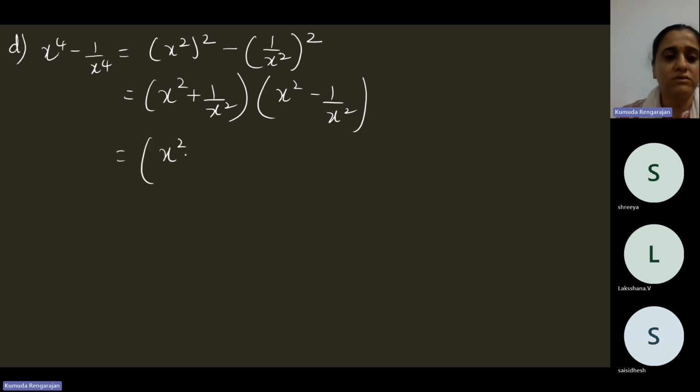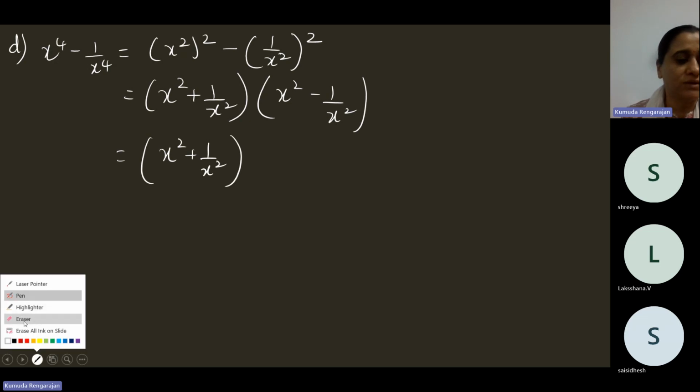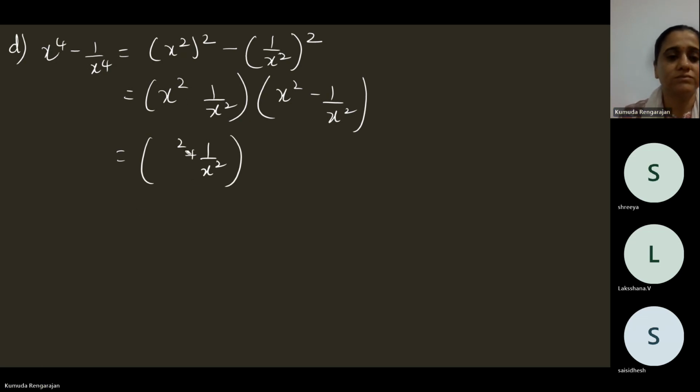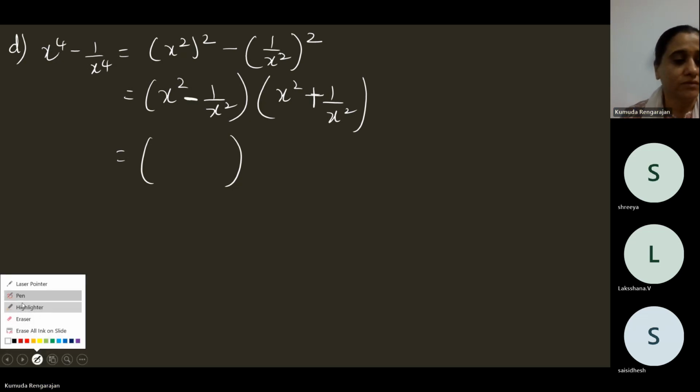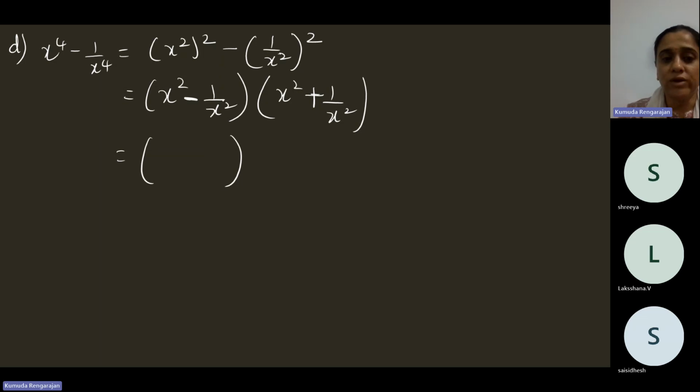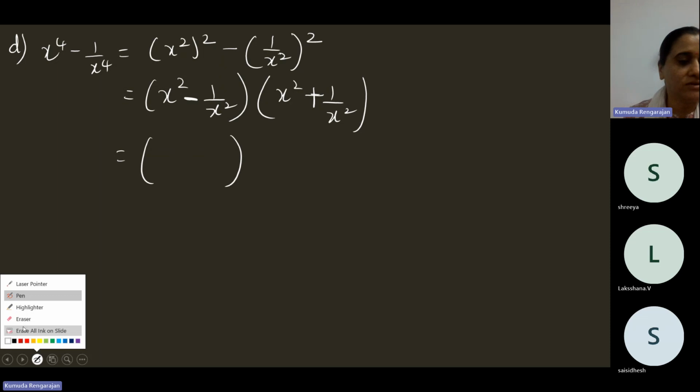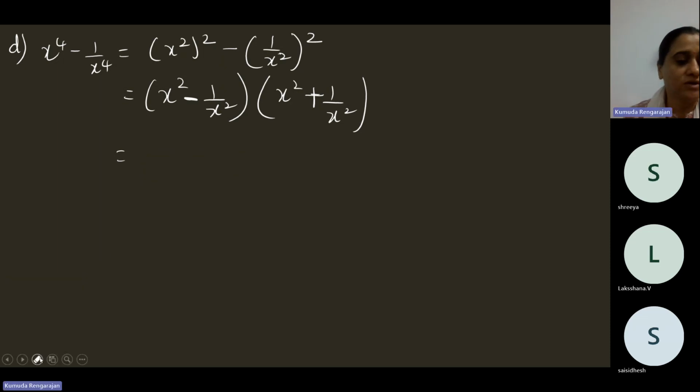Now this can be further factorized. So x squared minus 1 by x squared can be further factorized as x plus 1 by x into x minus 1 by x.